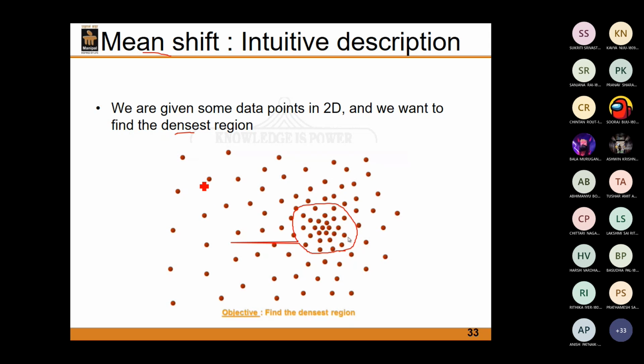Now, these data points that we are considering could be the result of some other image processing or computer vision techniques. For example, let's say you have taken the gradient of an image and derived these data points.